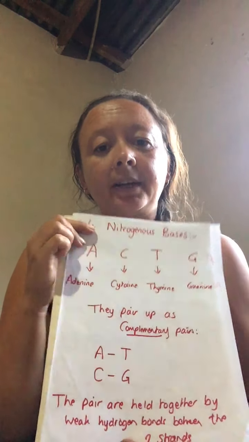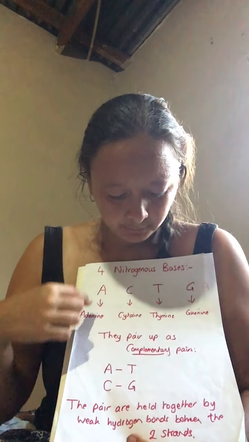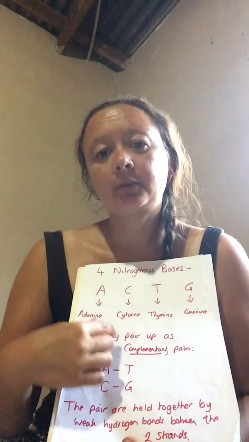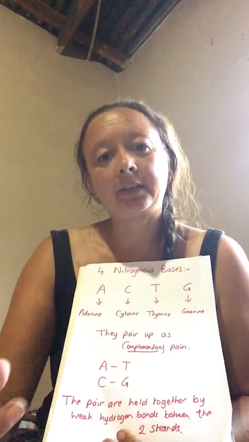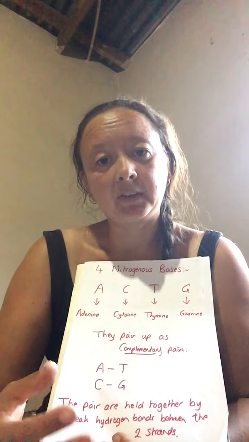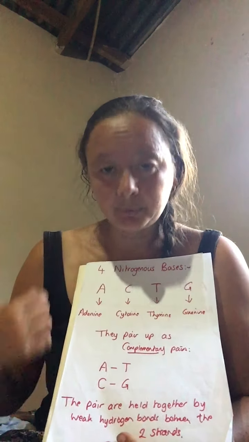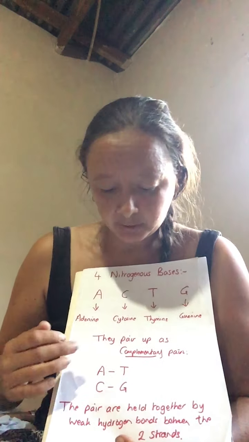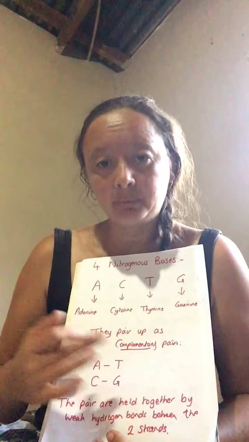And these bases pair up as complementary bases along the strand of chromosomes, as I showed you before. And they will always pair in a specific order. So A will always pair with T, C will always pair with G, and so forth. G will always pair with C, it goes the other way.